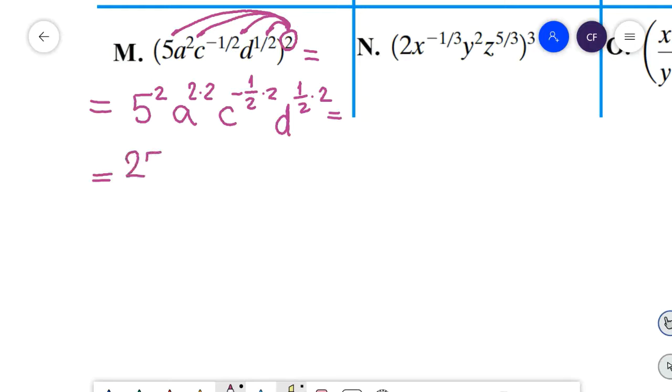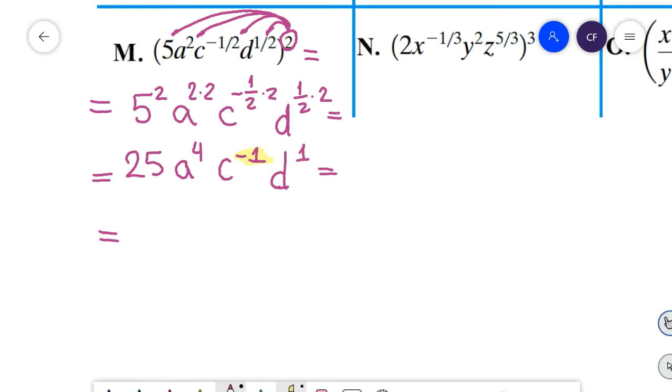5 squared is 25. A to the power of 2 times 2, a to the 4. C, negative 1 over 2 times 2, negative 1. And D, 1 over 2 times 2 is just 1. We don't need to write 1. Let me write just so you can remember. Remember, no negative exponents allowed. So we will change this.